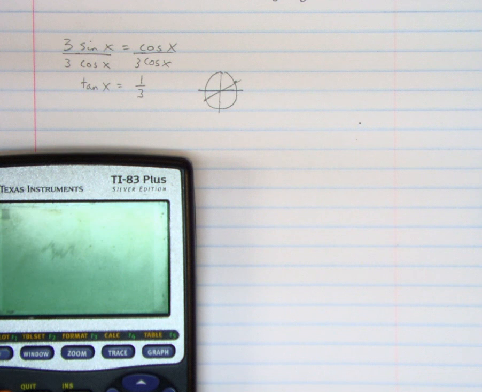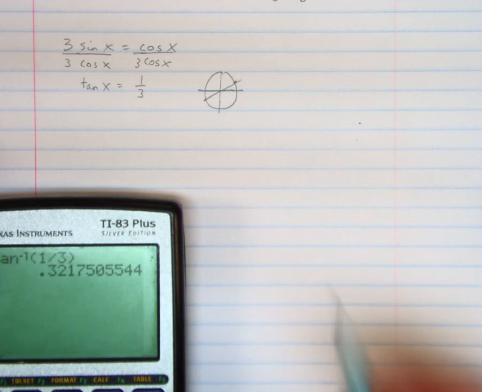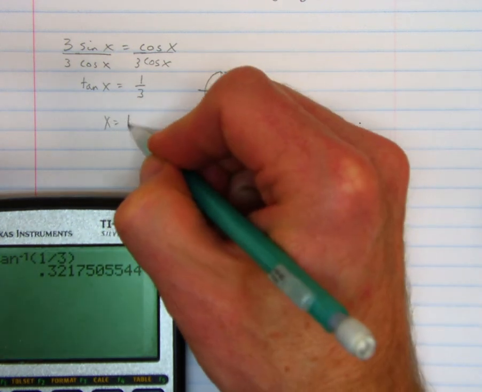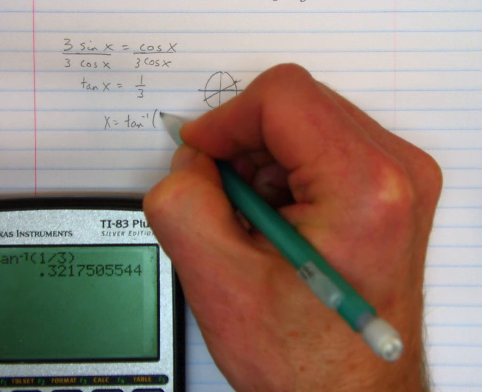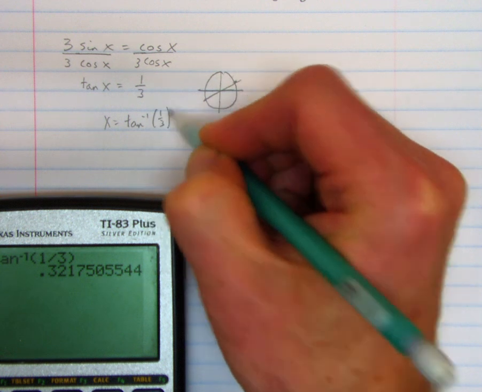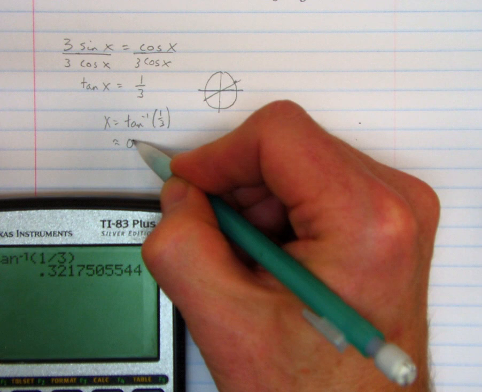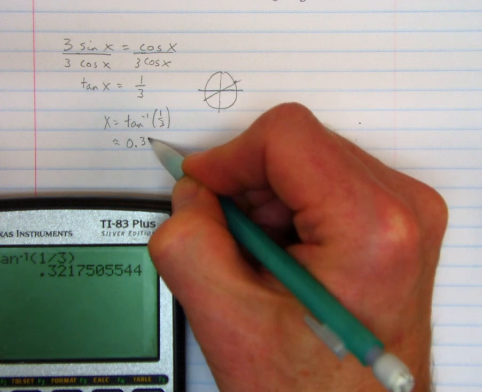Now let's go inverse tangent of 1/3. And that gives us 0.317. So we can write x equals the inverse tangent of 1/3, and that is approximately equal to 0.32 rounded to the second decimal place.